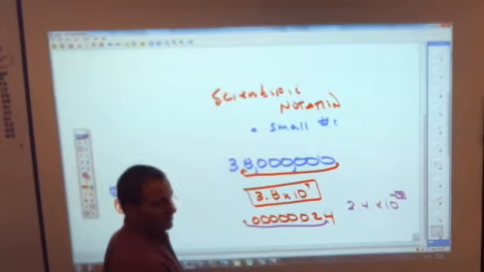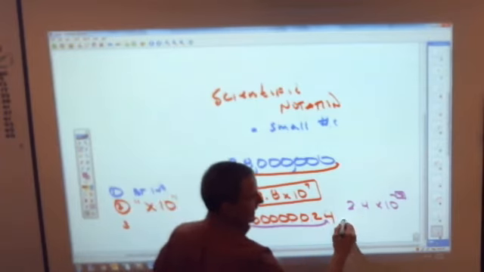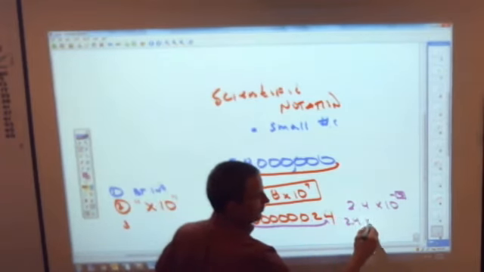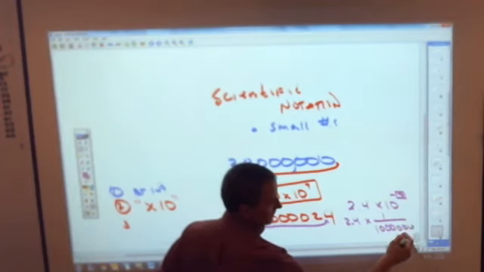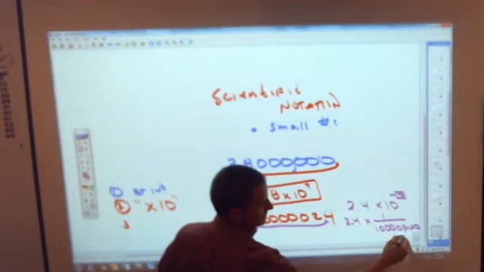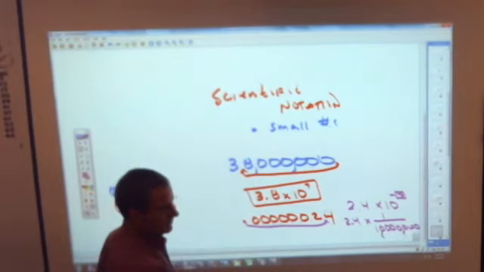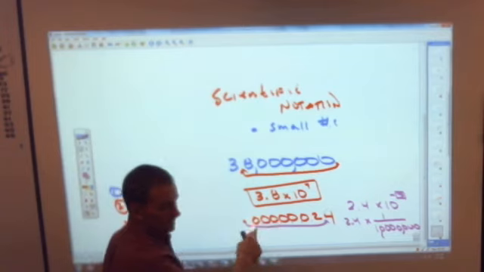Because what that really says is this. I am taking 2.4 and multiplying it by 1 over 10 with 7 zeros under it. And if I did that, I would end up back with this thing here.